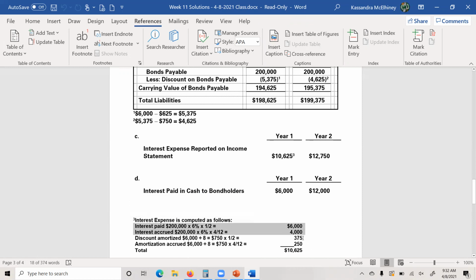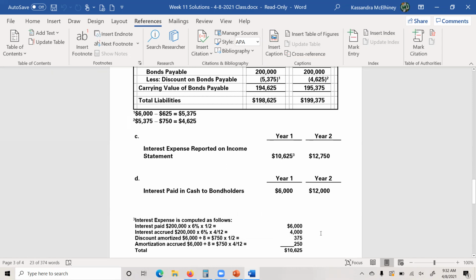And for our discount, we will amortize $375 worth of discount when we record that September 1st interest payment. And then there would also be amortization accrued, both totaling the $625 that was calculated in part B.